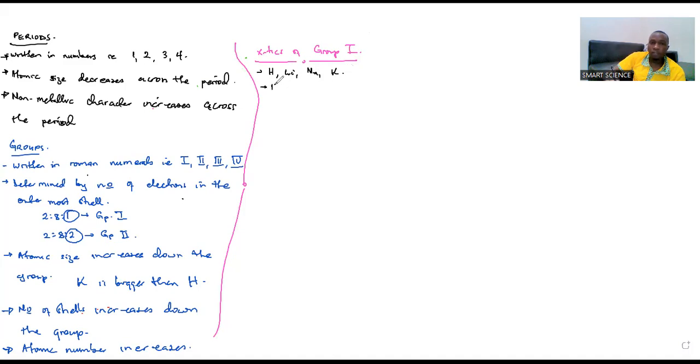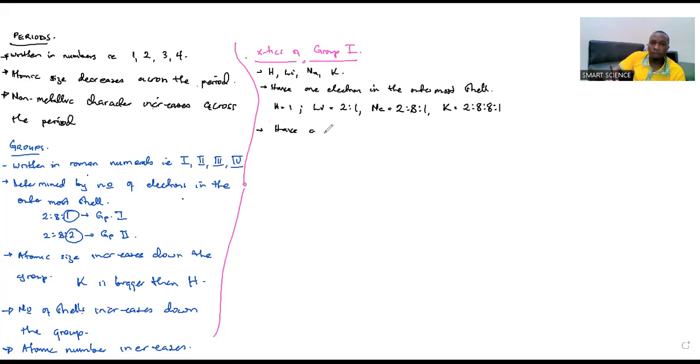These elements have 1 electron in the outermost shell. For example, hydrogen electron configuration is 1, lithium electron configuration is 2 to 1, sodium electron configuration is 2 to 8 to 1, potassium electron configuration is 2 to 8 to 8 to 1. So 1 electron in the outermost shell.